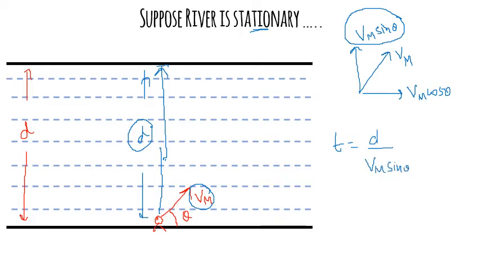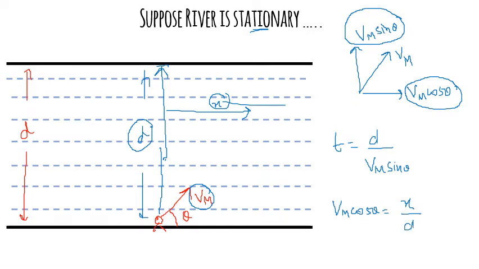But the person will be in the river for this much time and he is also traveling in the horizontal direction. So how much distance will he cover in the horizontal direction? Suppose that is x. The horizontal velocity Vm cos theta equals the horizontal distance divided by the total time, and the time is d upon Vm sin theta.